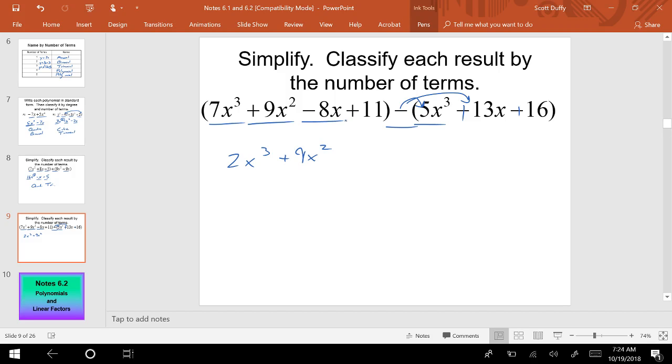Negative 8 plus 13 is 5x, and 11 plus 16. Highest degree is 3. That makes it cubic. And 4 terms makes it a polynomial.